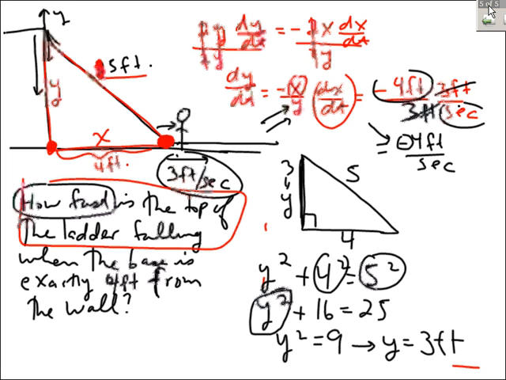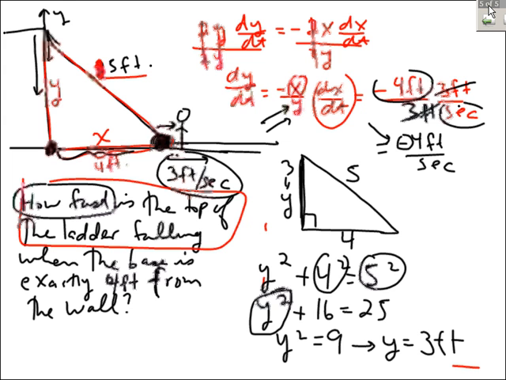Okay, so it's going down negative 4 feet per second exactly when it's 4 feet away. It is going down 4 feet per second exactly when the bottom of the ladder is 4 feet from the wall. This distance should be 4 feet.